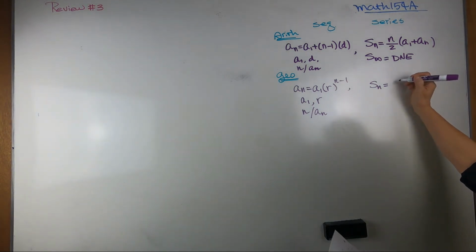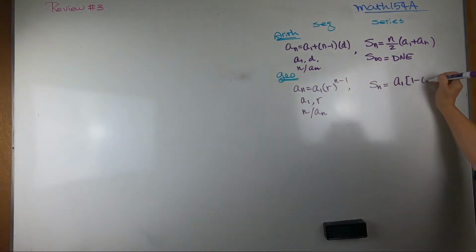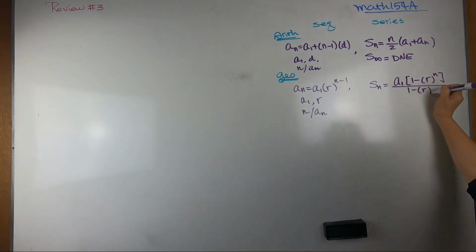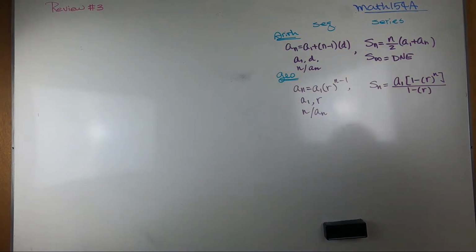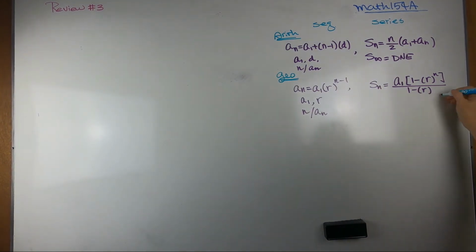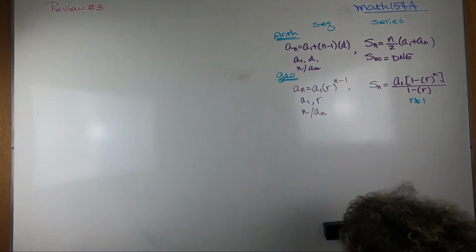Okay, so it would be a_1 times, for the total nth term, (1 minus r to the n) over (1 minus r). And for this one, r cannot be 1. r can be positive, can be negative.